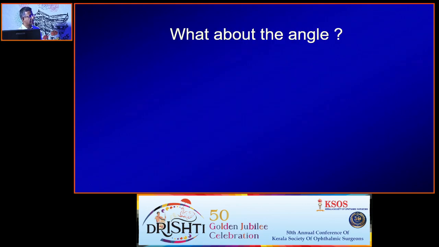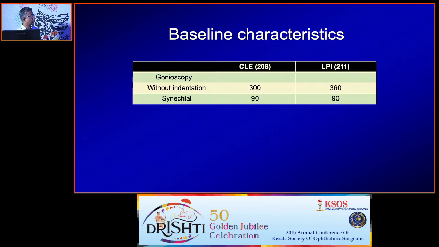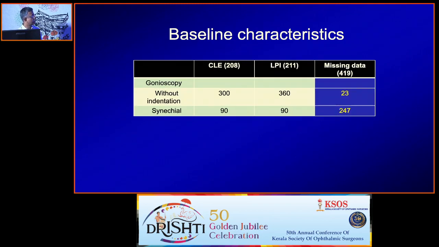What about the angle? This is the question that we have, because our problem is not with the eyes where the angles open, the problem is with the eyes where angles don't open. So this is at baseline. They had slightly less information about gonioscopy in the clear lens extraction group. There was missing data in this lot.